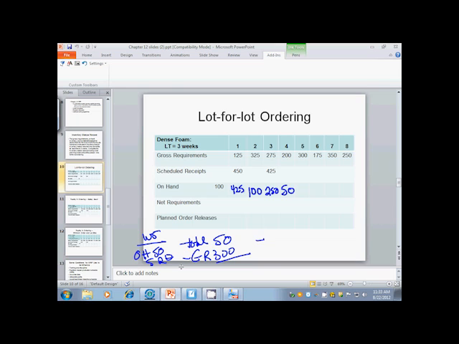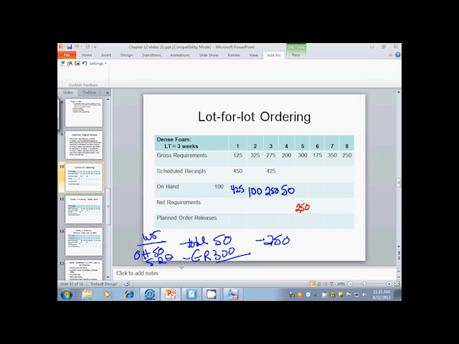That means I have negative 250 units. Can you have 250 units in the negative? Not really. It means you're missing units. You plan on using more than you have. That negative signifies a need. In week 5, I have a need of 250 units. I am short units. It's a need.